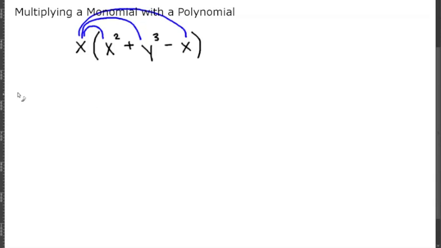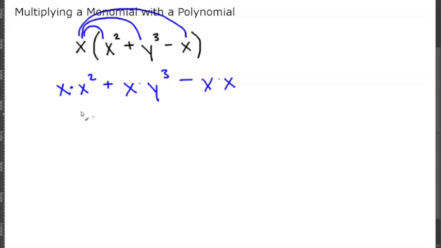So rewritten, we're going to have x times x squared plus x times y cubed minus x times x.